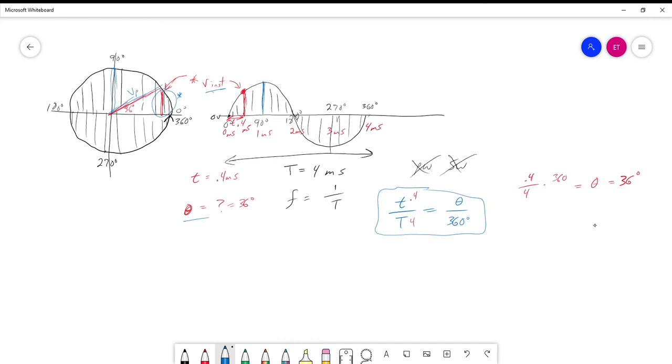Somebody figured out a long time ago that for any given angle, in our case it's 36 degrees that we're using here, but for any given angle, it doesn't matter the specific size, the ratio of one side to the other for a given angle will always be a constant.